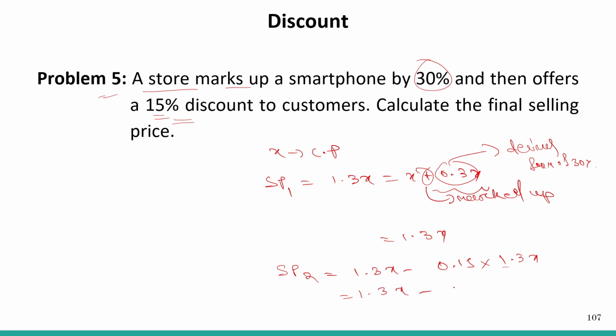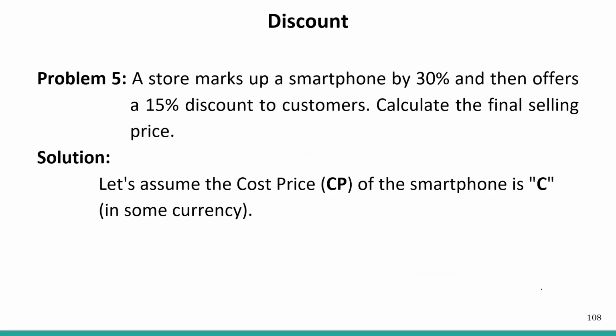So that is 15 into 13x by 1000. So this is equal to what? 1.3x minus 195x by 1000. That is equal to 1.3x minus 0.195x. Okay, so this much amount.